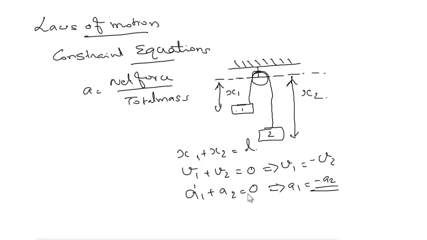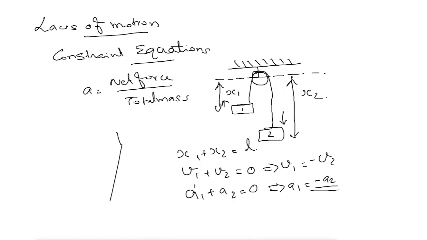Here the acceleration of one mass is in the downward direction and the other is in the upward direction. Instead of considering acceleration in opposite directions, we can consider that as x1 increases, x2 decreases, and if x2 increases, x1 decreases.